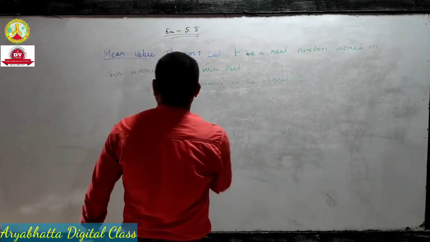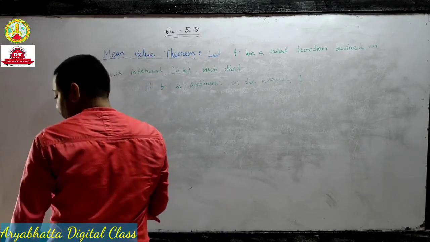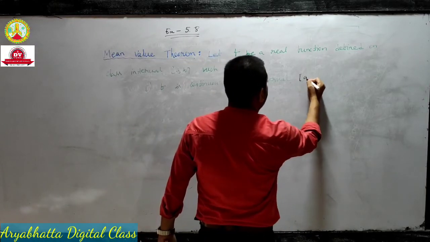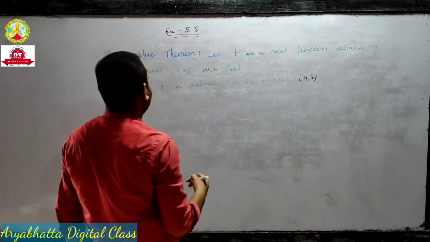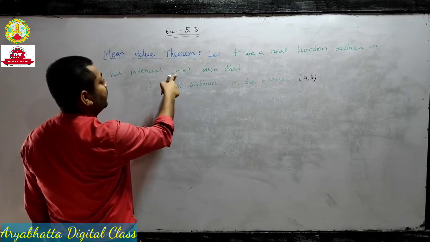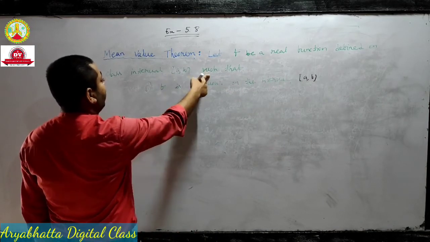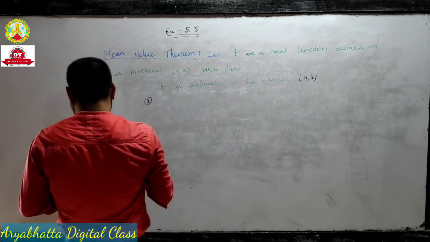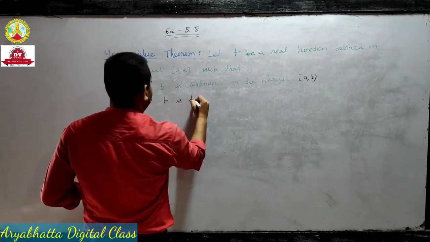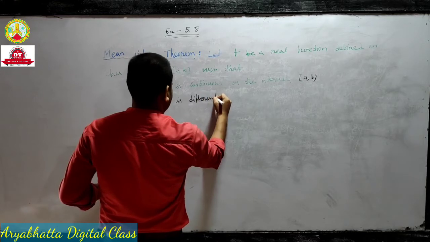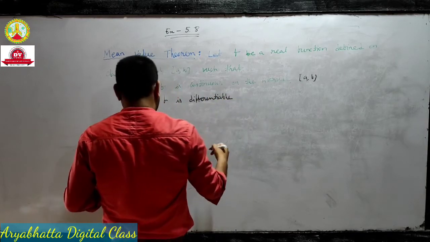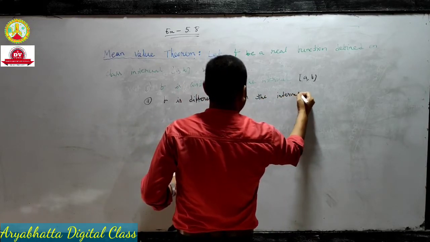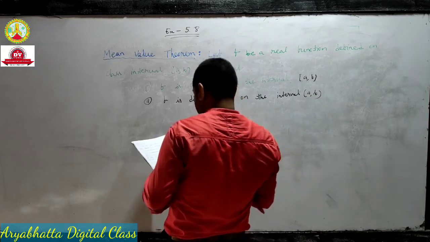If f is a real function defined on closed interval a comma b such that f is continuous on closed interval a comma b. Number 2, f is differentiable on the open interval a comma b.